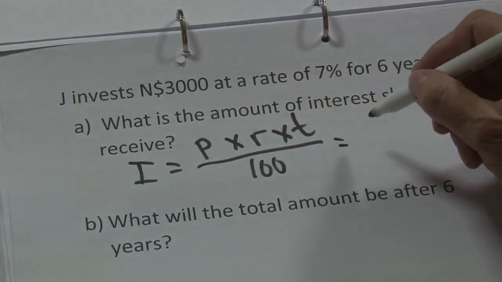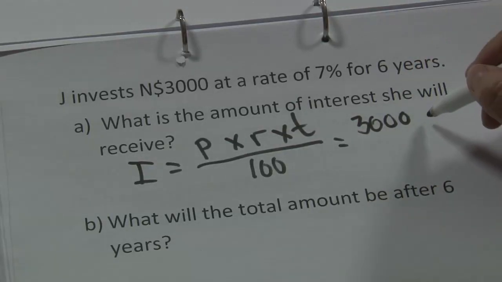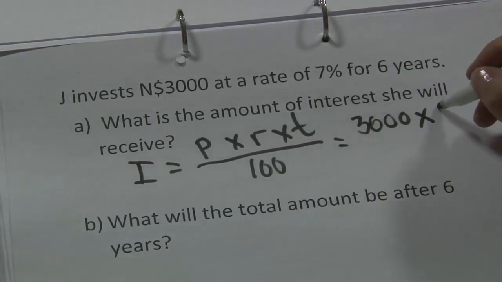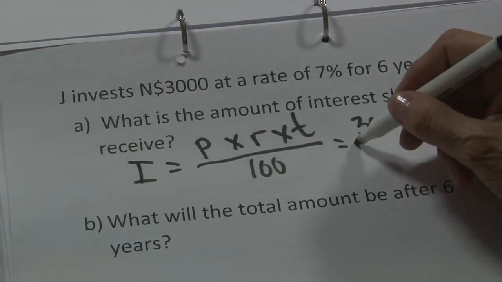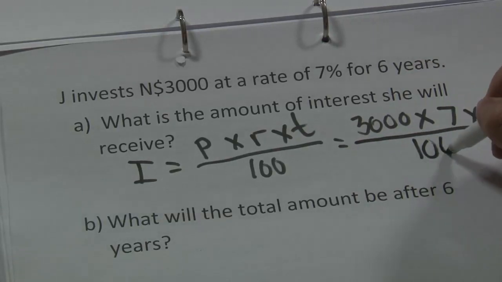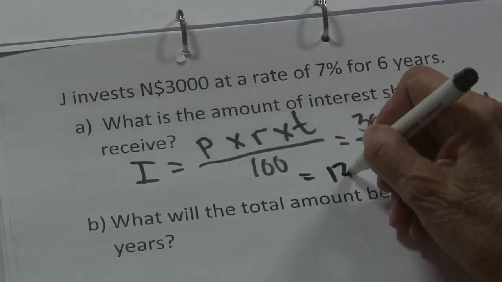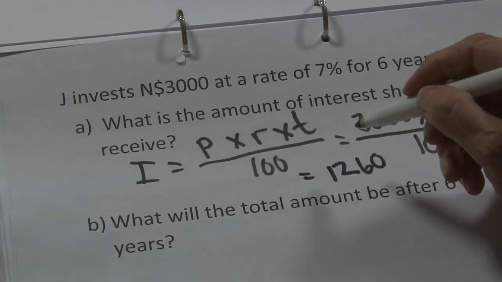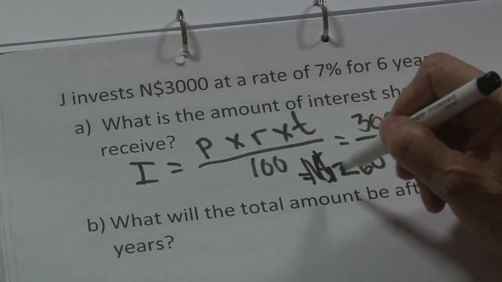So it will be 3,000, the principal amount, times the rate, 7%, times the time, 6 years, over 100. Then you calculate that. I'm going to calculate it using a scientific calculator. 1260. And put in the Namibian dollar sign.